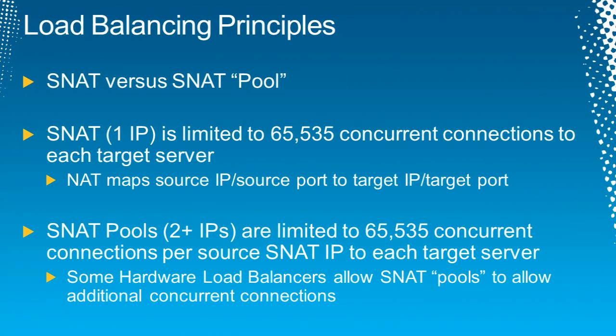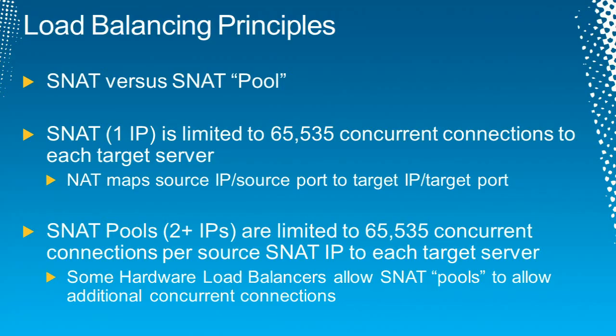With SNAT, we also have this conversation about an SNAT or an SNAT pool. The reason for this is that each time we have an IP conversation, there's a source IP address and a target IP address, and a source port and a target port. And when we go through all the extrapolations, that means we can have 65,535 concurrent communication sessions on that per node member, right?